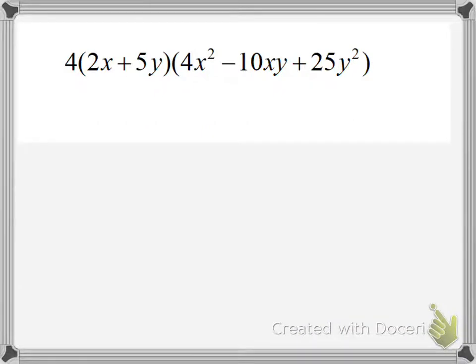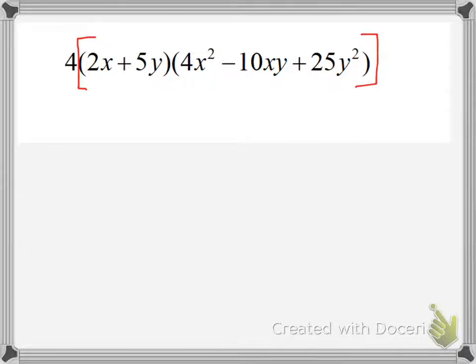Okay, so here we have our answer that we got on the previous slide. And what we're going to do now is we're just going to check it, and we're going to make sure that we get back that original sum of cubes binomial that we started with. All right, so the first thing I want to do is focus on distributing the binomial to the trinomial.